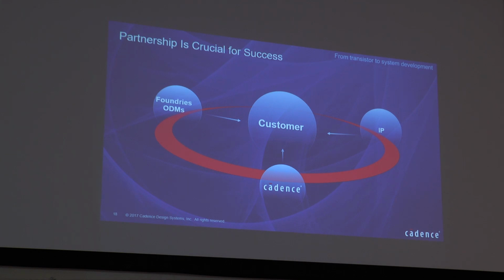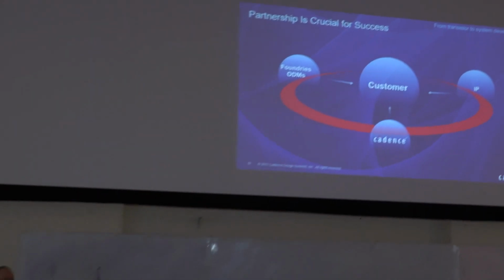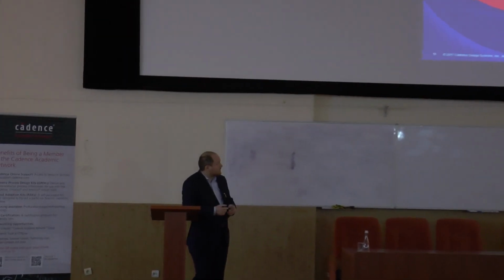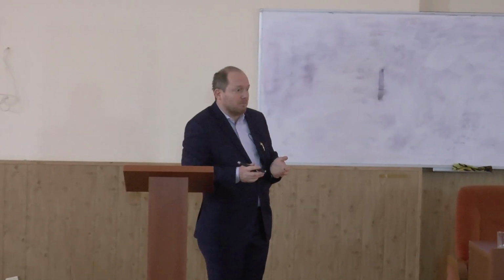And we also worked with IP people. To IP people, we also provided the PDK. We developed the IP, and then they provided the IP to the customer. But now it doesn't work anymore because many more parties are involved.